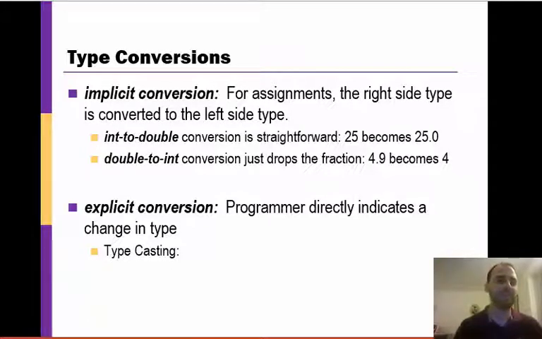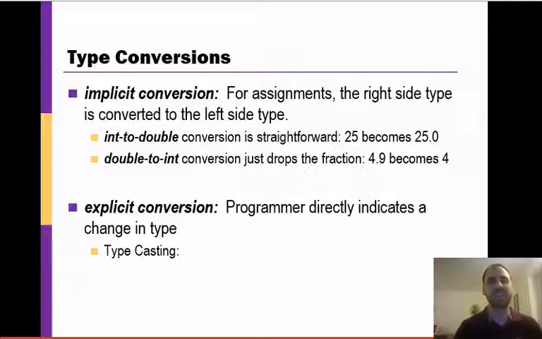We'll look at a couple examples in a second in terms of what that looks like from the code perspective. But it's important to note, as we're setting this up, that there are some conversions that are not done in an automatic way with implicit conversion. That's the explicit conversion. In that case, the programmer directly indicates that they want to change the type of data.